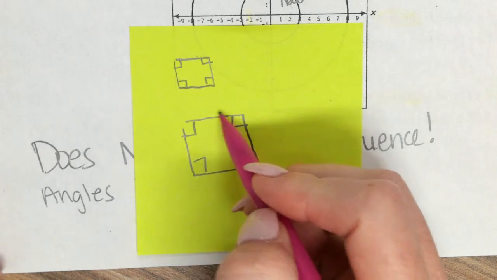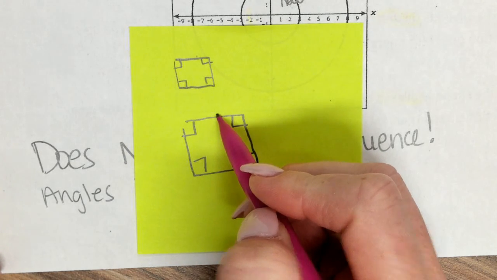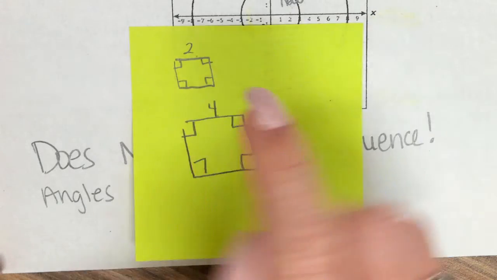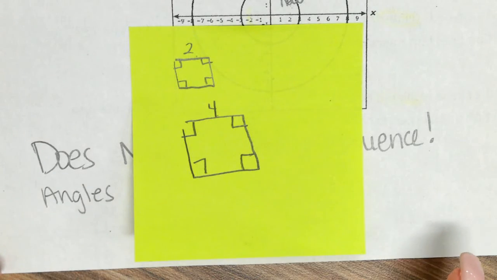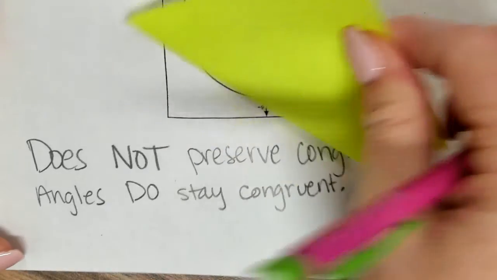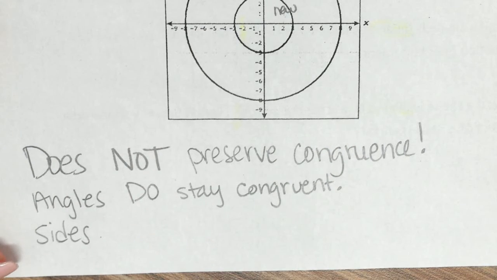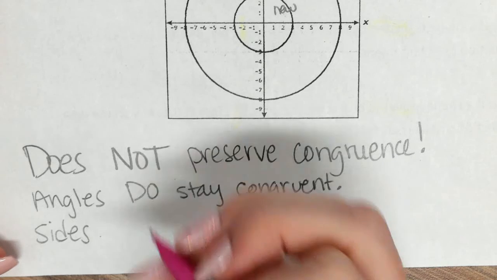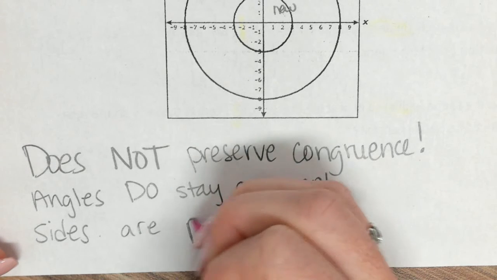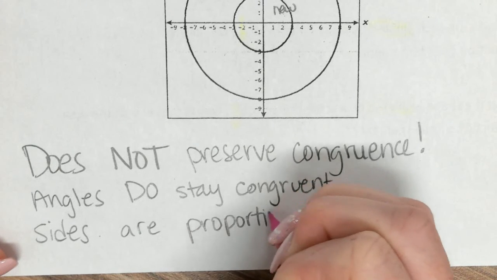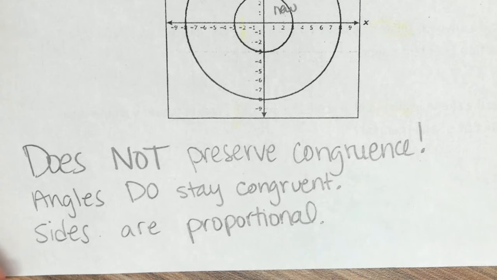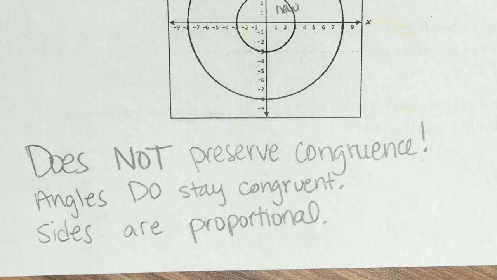But do the sides stay the same? If this side was 2 and this side's 4, are they the same? Absolutely not. So the sides are not congruent, but they are, this is the word they're going to use, the sides are proportional. Meaning when they make it bigger, it stays the exact same shape, they just got bigger or smaller.